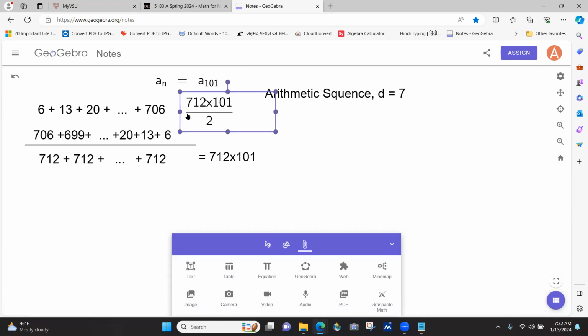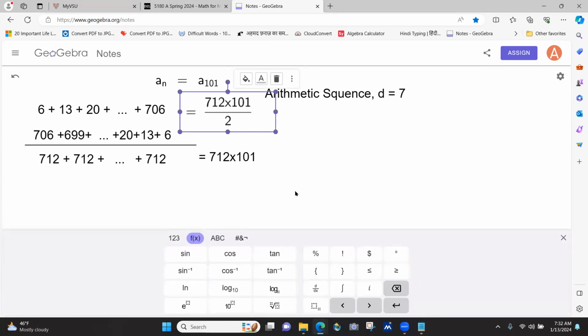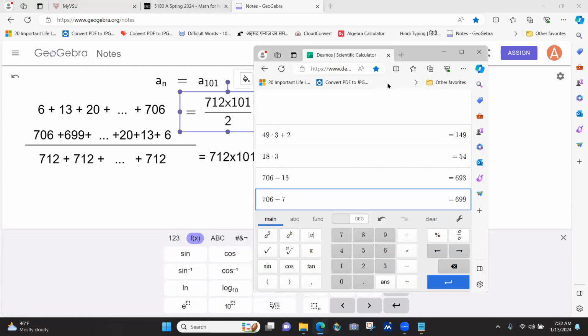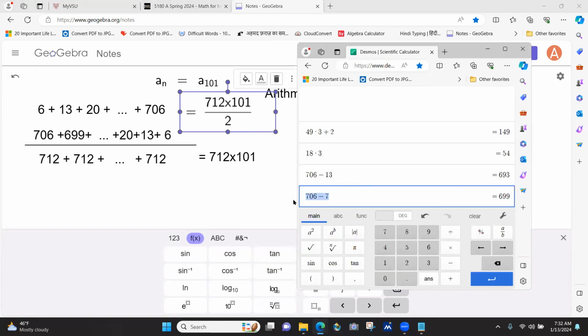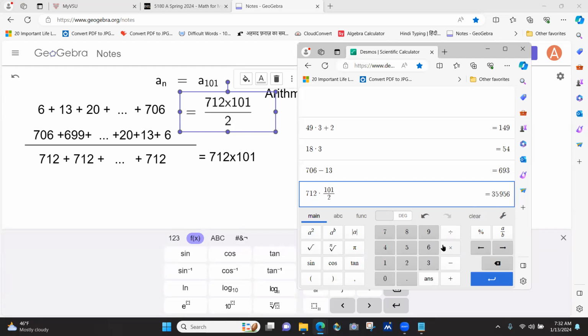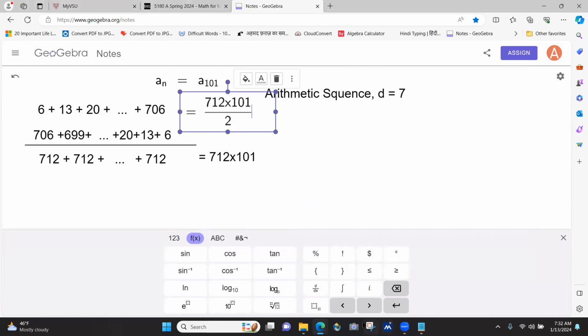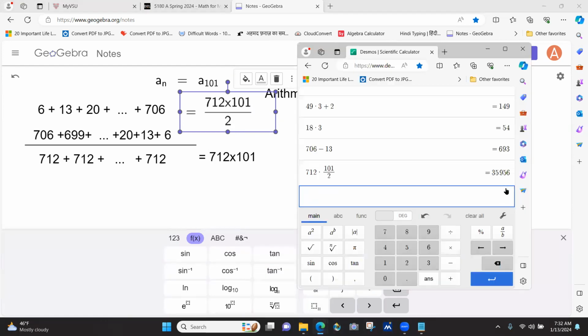I will use my calculator. And let's see what that turns out to be. 712 times 101 divided by 2 turns out to be this number.